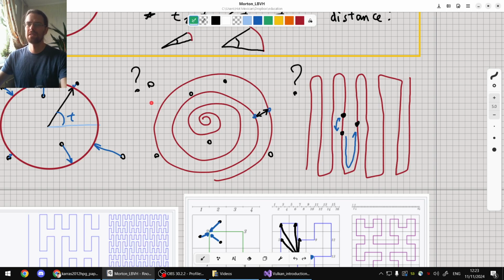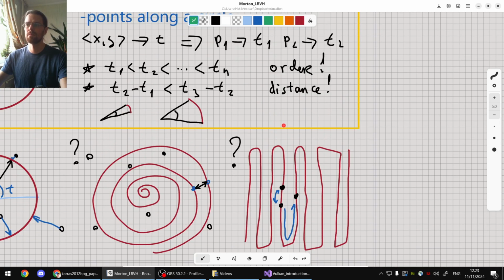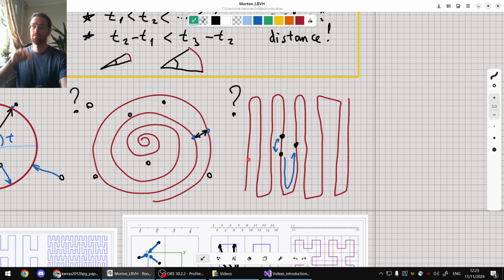So it's kind of the same stuff if we do some zigzag of points along the line. The straights are cool, but on the sides, not.